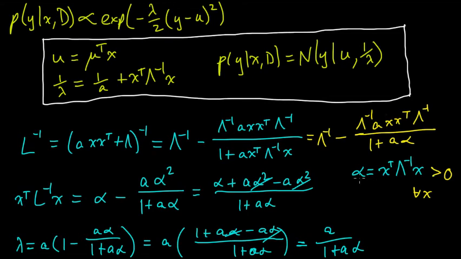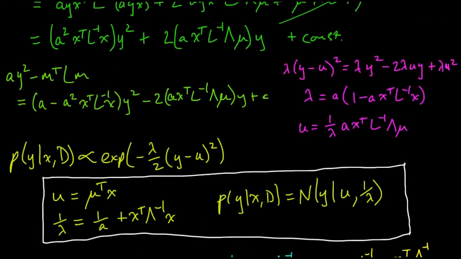So by observing that alpha here doesn't make this denominator 0, we get that this expression exists and it must equal L inverse by the Sherman-Morrison identity. It's also sometimes called the Woodbury identity. And that shows that L inverse exists. So we're all set. We're all good.